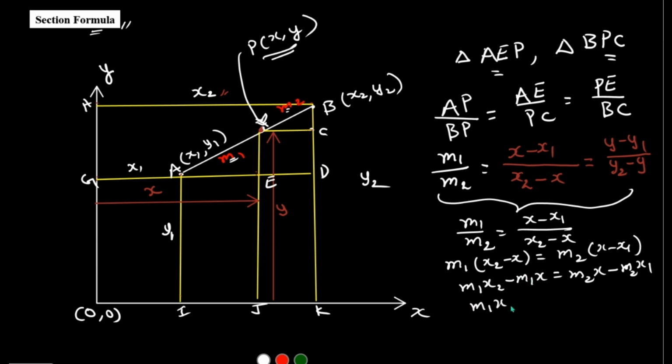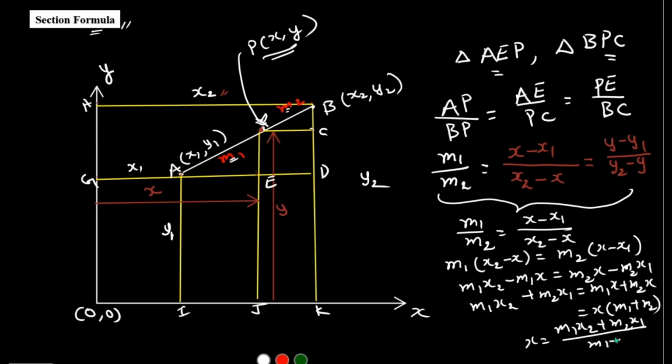This is m1x2. If you bring m2x1 from this side to the other side, that will be m1x plus m2x. Let's take x common, then we get m1 plus m2. Then x is equal to this divided by m1 plus m2. That is x equals m1x2 plus m2x1 divided by m1 plus m2.